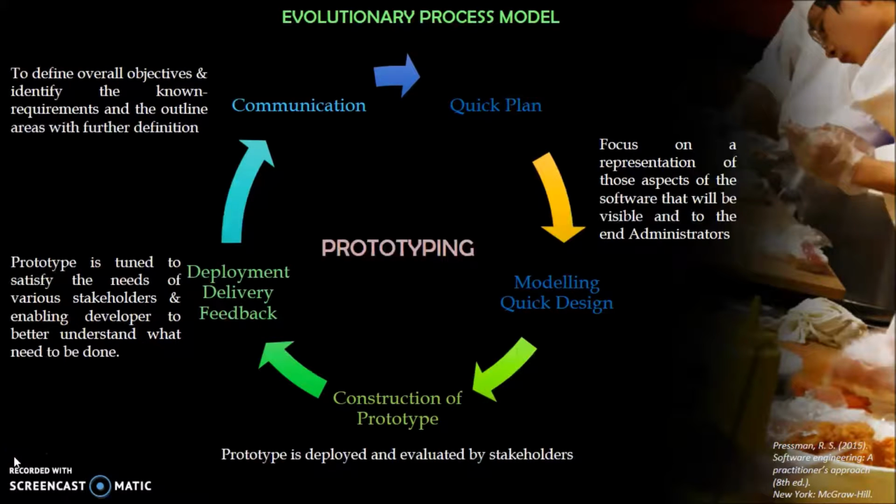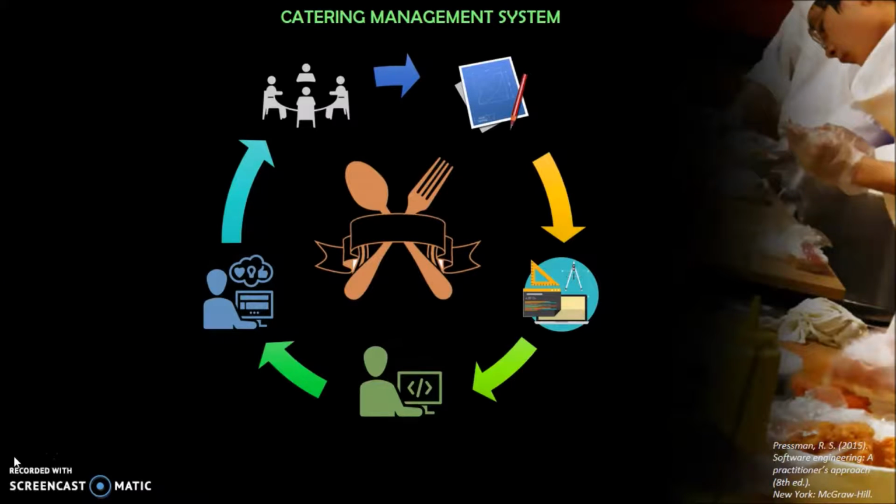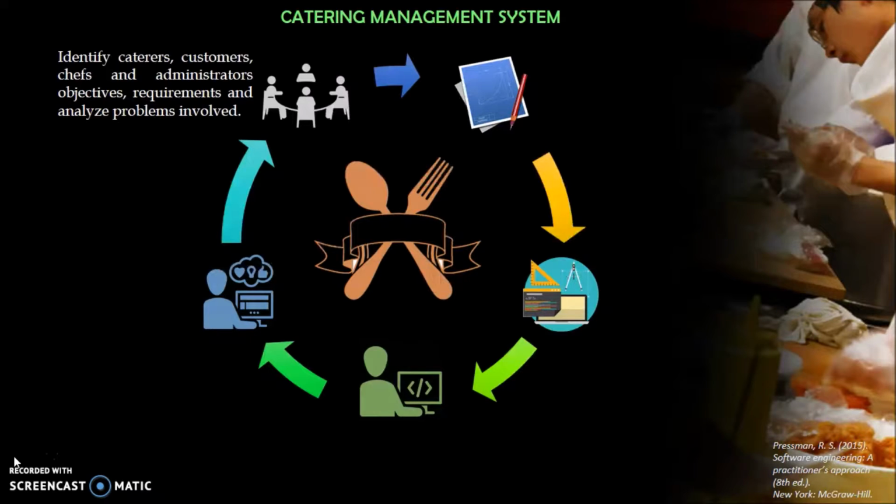In applying the model to our project, Regis Catering Management System. So, as said before, the first one is communication, whereby we identify caterers, customers, chefs, and administrators as the part of stakeholders.